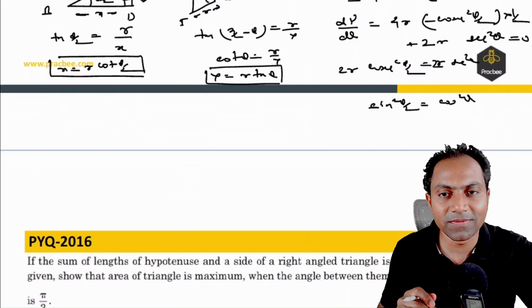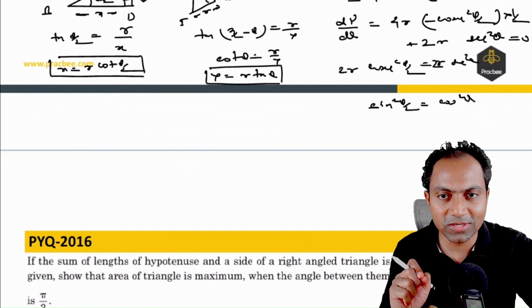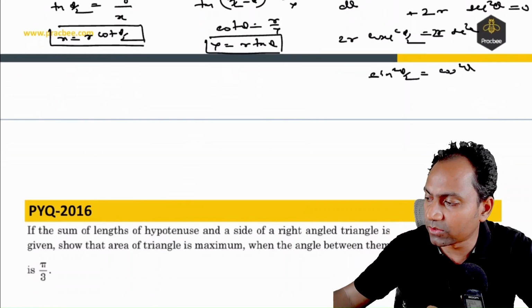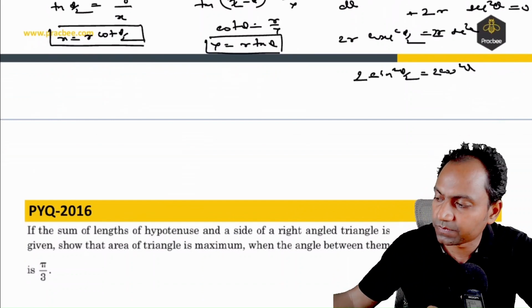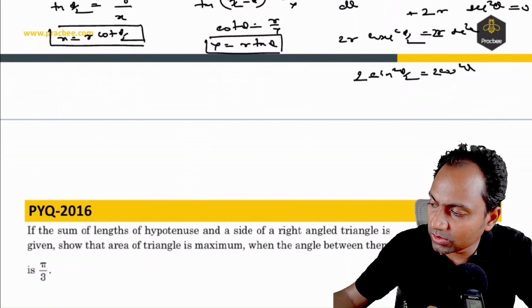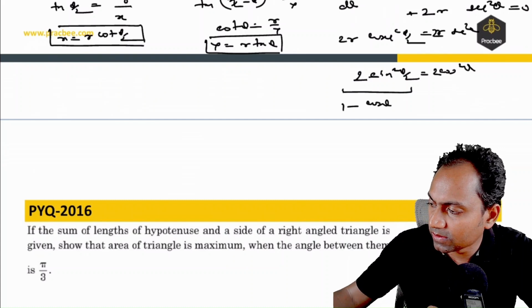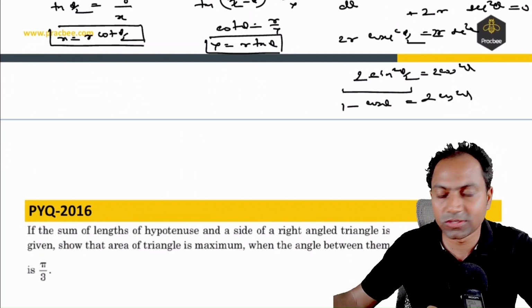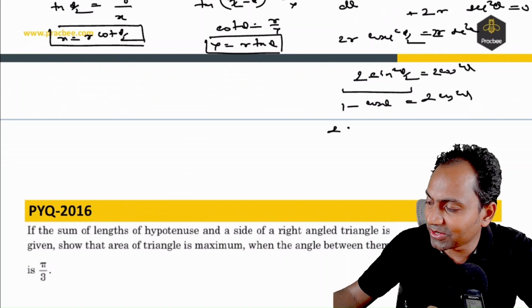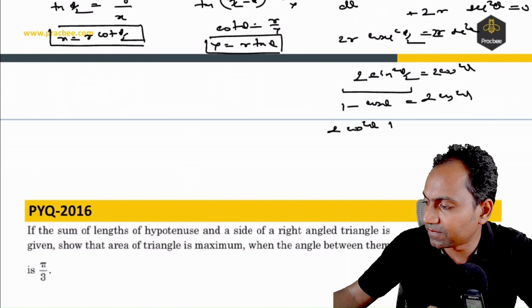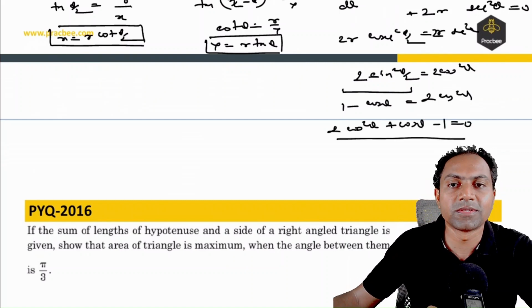Now, in order to find the value of theta, we'll have to solve this equation and get to an answer. There is a simple way to do that. We can multiply by 2. And if I do so, 2 sine square theta by 2 can be written as nothing but 1 minus cos theta. And this is 2 cos square theta. So we have got a quadratic equation in cos theta, which can be written as 2 cos square theta plus cos theta minus 1 equal to 0. Now this is quite simple to solve.